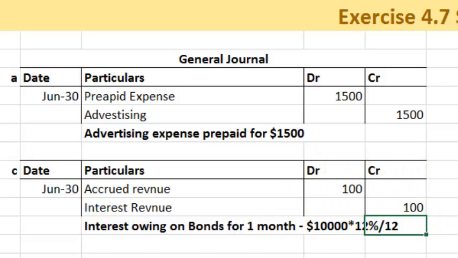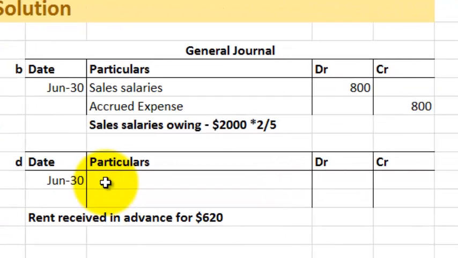The last one of that exercise, rent, is an item that is always paid in advance. So if I'm going to let out my premises, as is the case in this example, I'm receiving the rent in advance, and it's been paid on the 29th or the 30th of the month, but it's actually applicable for the next month, July. So we've got a prepaid revenue.